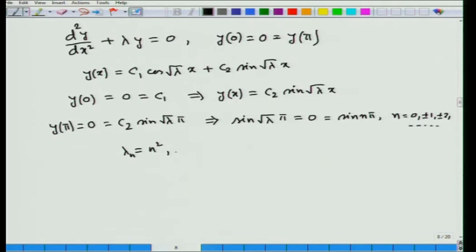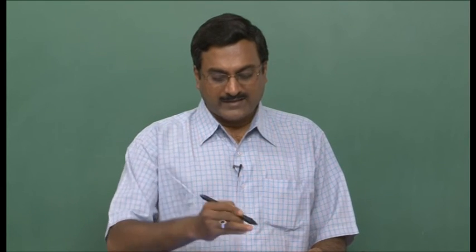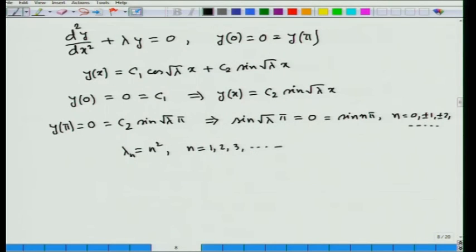These are actually eigenvalues, and in this case n equal to 1, 2, 3 and so on, because here minus 1, minus 2, minus 3, all these values will be clubbed with 1, 2, 3 as lambda n equal to n square, and we are not writing n equal to 0 here, because for n equal to 0 lambda n is identically equal to 0, and we have already explained that this particular integral equation has no non-trivial solution other than the trivial solution y equal to 0 for lambda equal to 0.